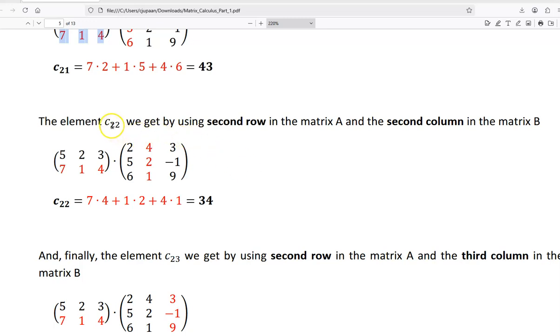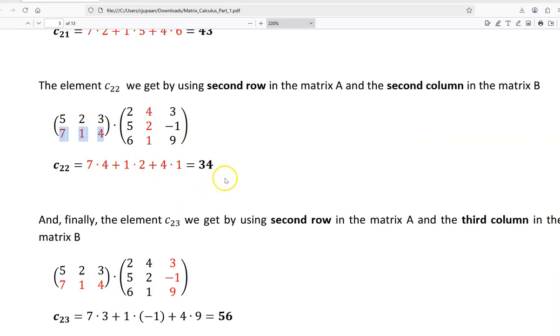Then C22, or the second row, second column, so from the first matrix, second row, and from the second matrix, second column, and again exactly the same calculation rule.